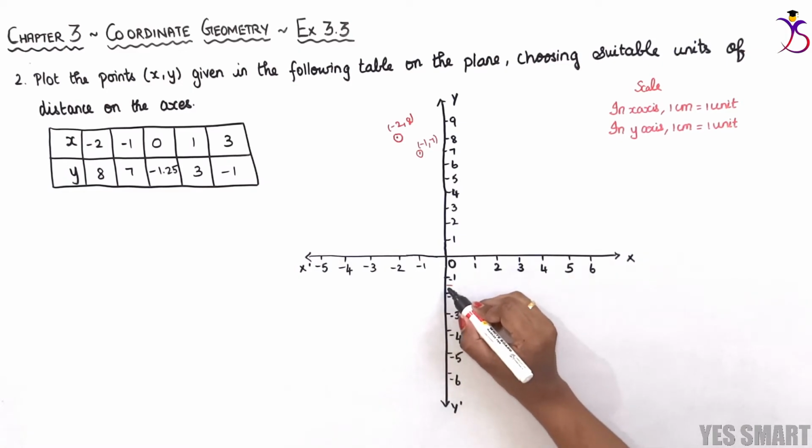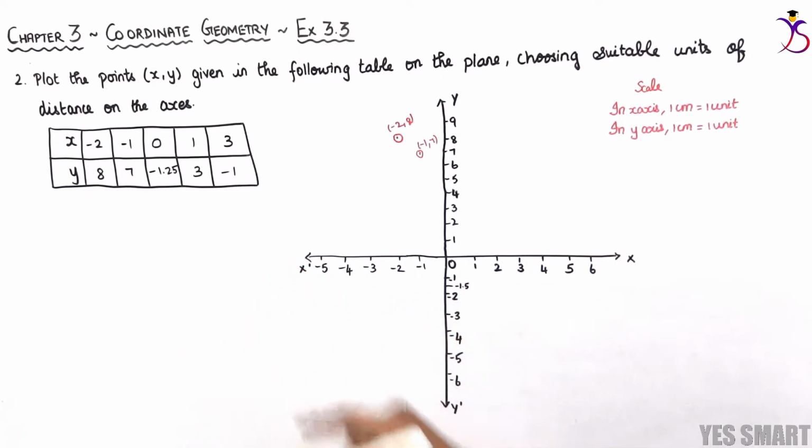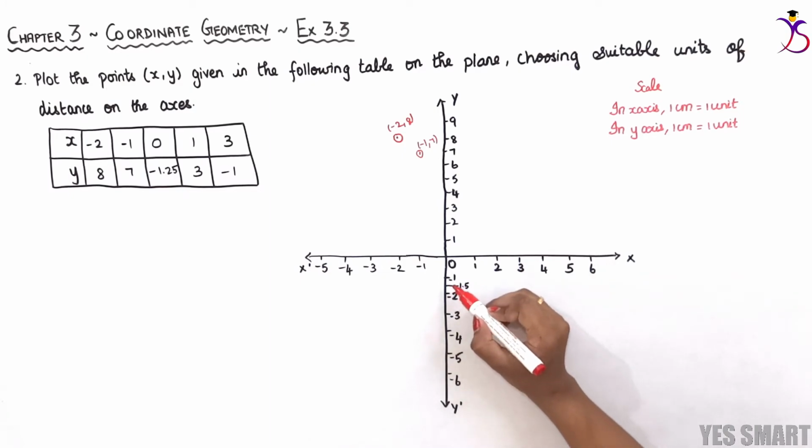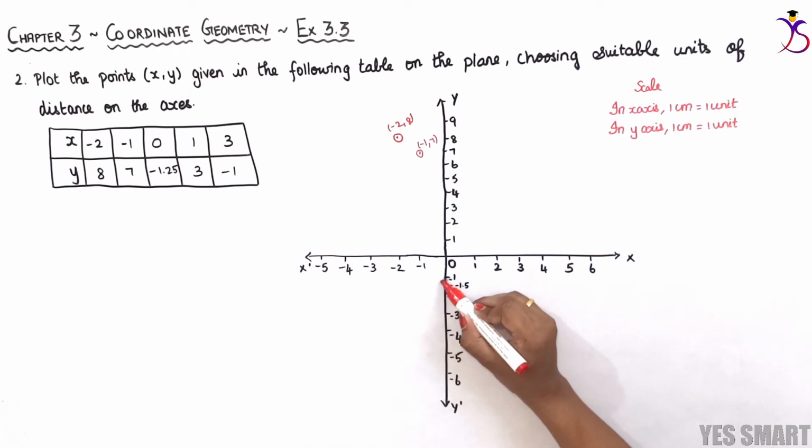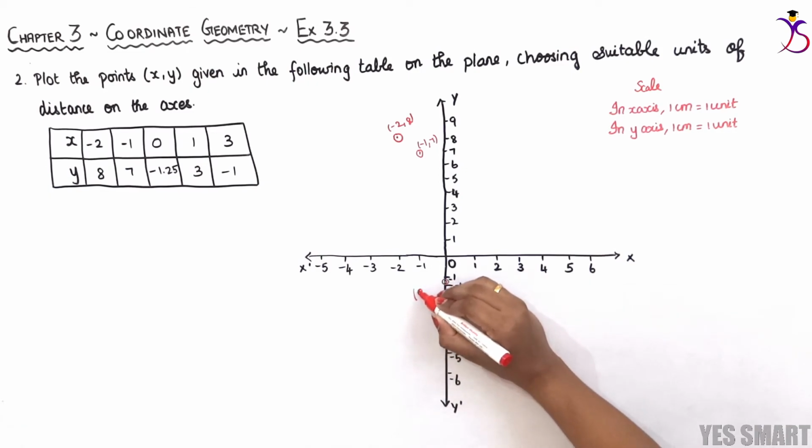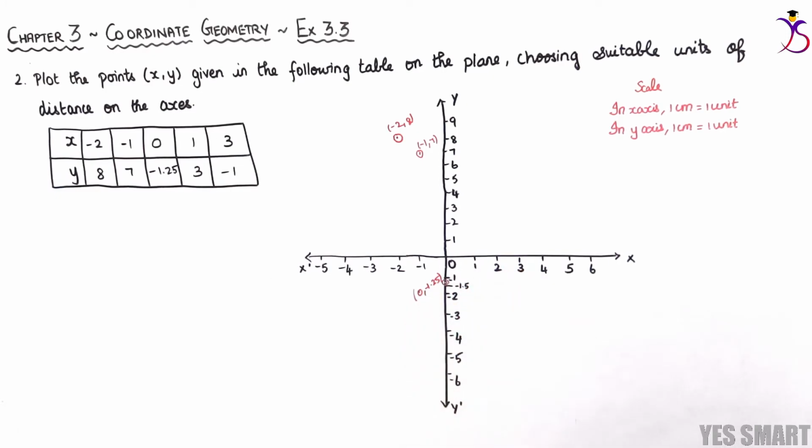Now we are supposed to plot 1.25, which lies exactly between 1 and 1.5. So the exact midpoint of 1 and 1.5 is 1.25. Therefore, here lies the -1.25. Hence, this point is 0, -1.25.